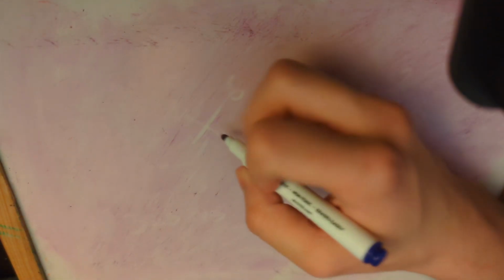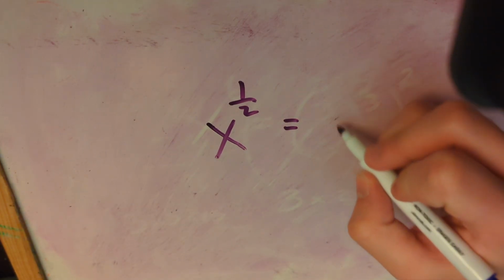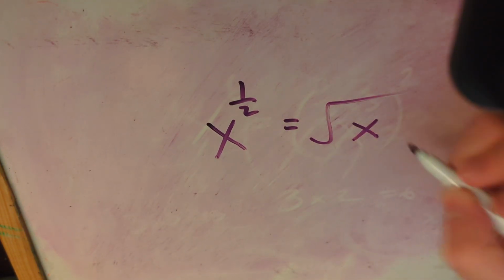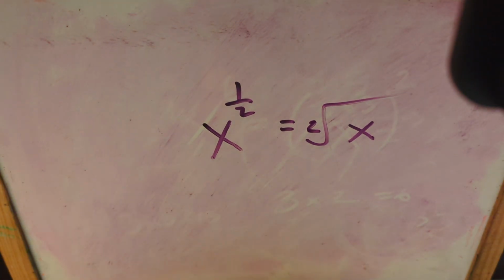Another exponent rule that I wanted to go over is basically here, I'm going to write it out for you. So x to the power of 1/2 is equal to the square root of x, right? There's an invisible 2 right here. Now, I'm going to explain this really quick because this may seem kind of confusing.